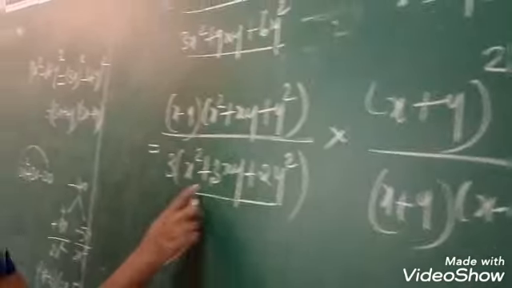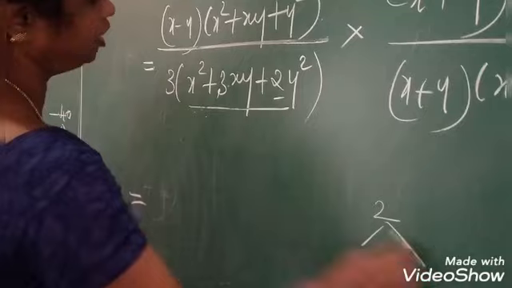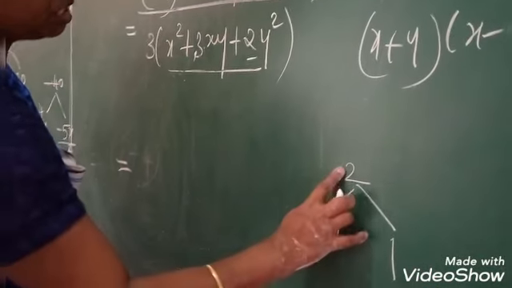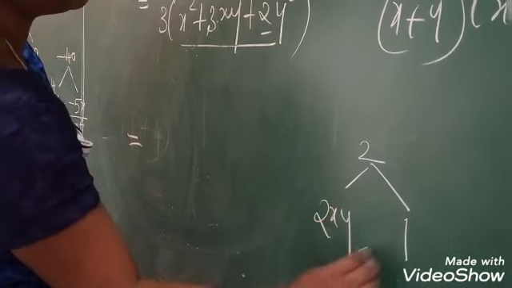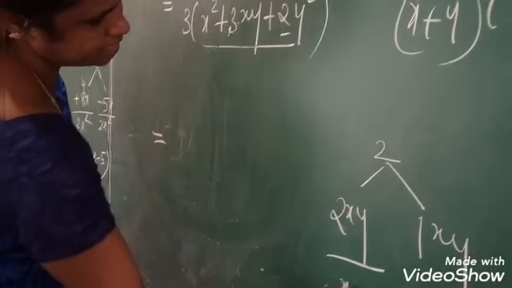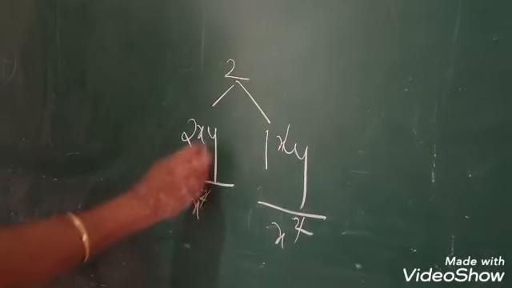Okay girls. Now here we want to factorize. If you multiply you will get 2. If you add you will get 3. What are the factors? Yes, 2 1s are 2, girls. If you add 2 plus 1 you will get 3. Okay, now the variables x and y both you have to put. Now before that, the x squared is there. So you want to divide with the x squared. 1x cancels, 1x cancels.